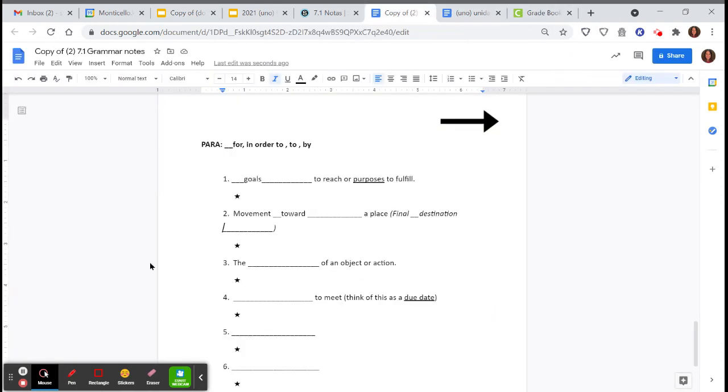So an example here would be salíamos para la escuela a las 7. So we left for school at 7. So we're going towards school. That's the place that we left home to go to, our final destination. And then I forgot an example for uno.